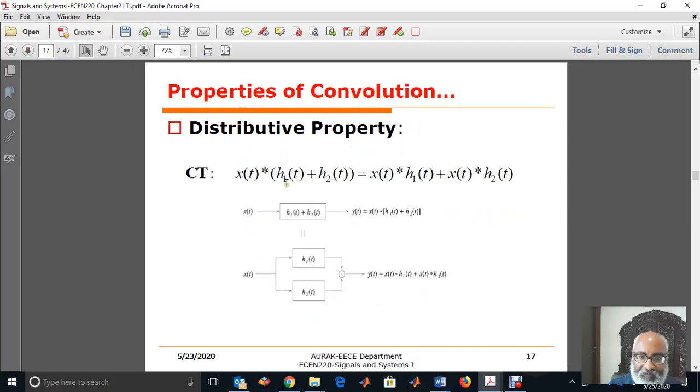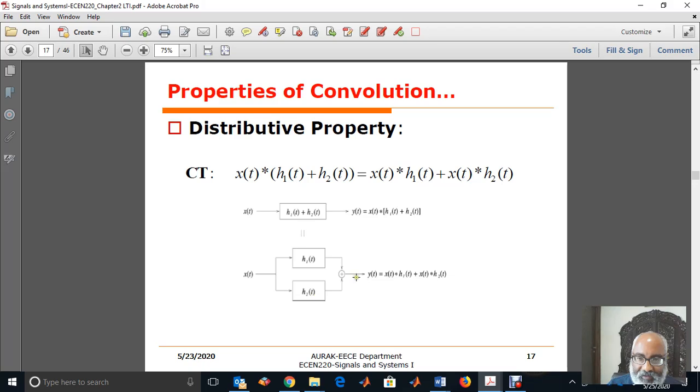Distributive property: if I have x of t convolved with h1 of t plus h2 of t, this is the overall system, one system, and I have an output here. You can split the overall system into two subsystems with outputs y1 of t and y2 of t.